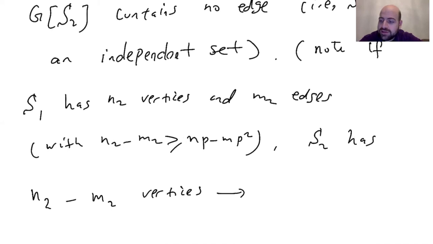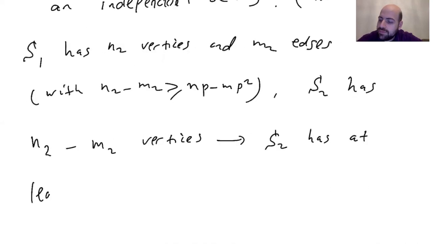And I had M2 edges, so S2, the new set, has N2 minus M2 vertices. And I am assuming that N2 minus M2 is at least NP minus NP squared. So that means S2 has at least NP minus NP squared vertices.